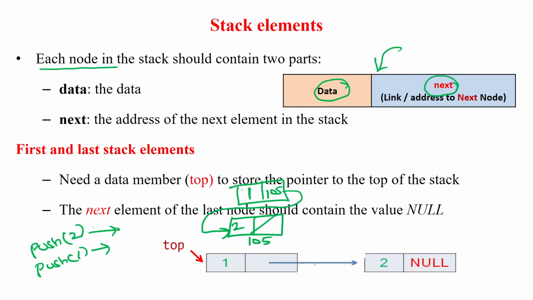This memory location may be 107. So this is the way to represent the push operation. Here the node has two fields. Always the top variable represents the head node, and the last node's next field will have the value null. So this is the representation of a stack by using the linked list.